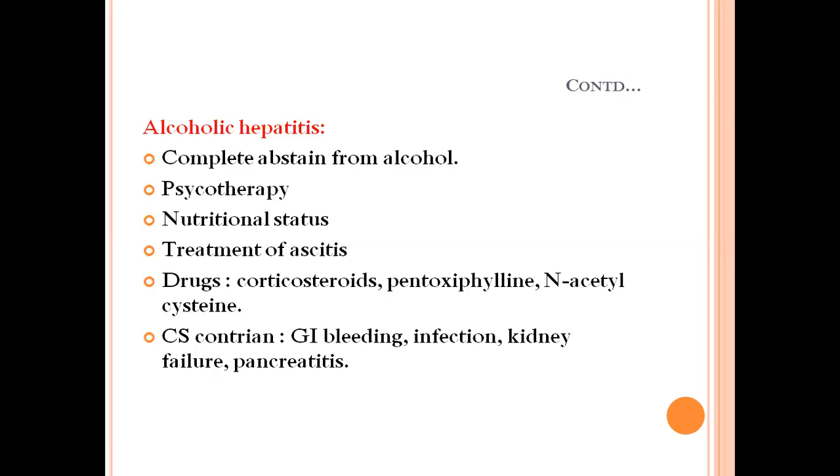But there are certain contraindications of steroids: in cases of gastrointestinal bleeding, infections, kidney failure, pancreatitis, we can't give corticosteroids. So basically, all the advanced stages of hepatitis which lead to liver cirrhosis and liver carcinoma become very difficult to treat.